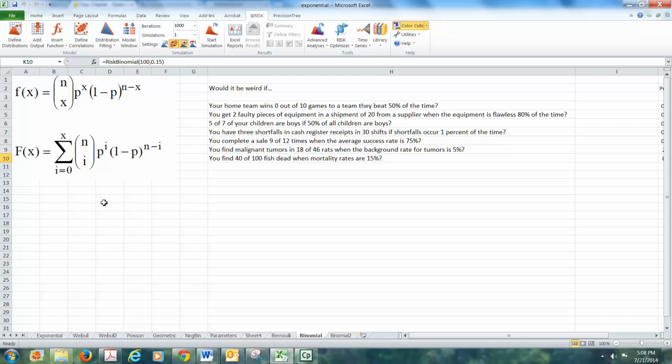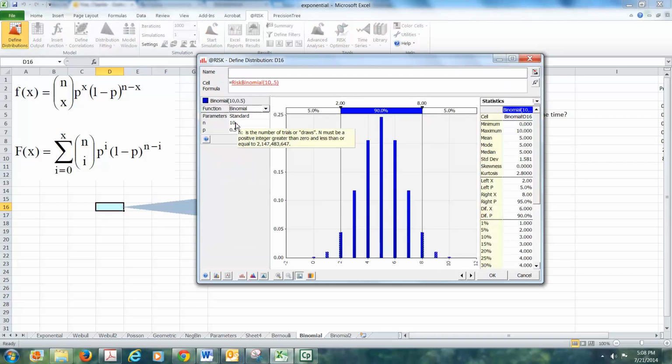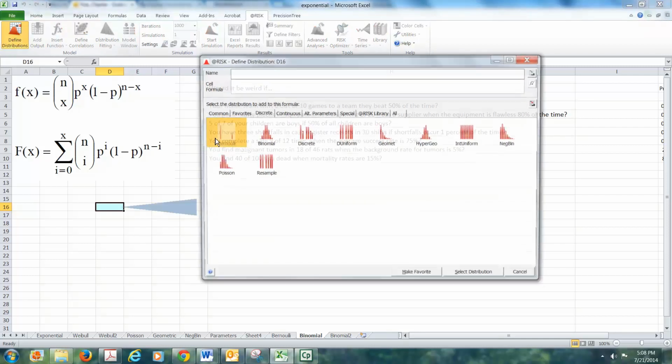So let's illustrate this if we can. Let me come down here to an empty cell. We'll enter a binomial distribution in here. And we're going to use this where we're playing 10 games against the rival team, and the probability of winning any one game is 0.5.